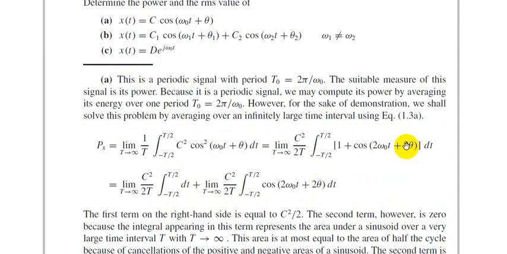If we integrate this function further, you can evaluate limit t tends to 0, c square by 2t, integration from minus t by 2 to t by 2 of dt, because 1 here gives dt, plus limit t tends to 0, c square divided by 2t, integration from minus t by 2 to t by 2 of cos (2 omega naught t plus 2 theta) dt.